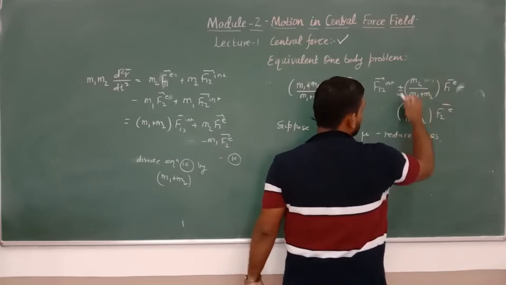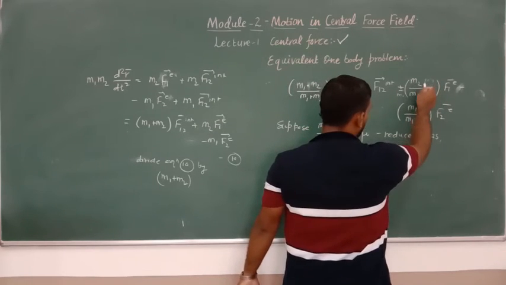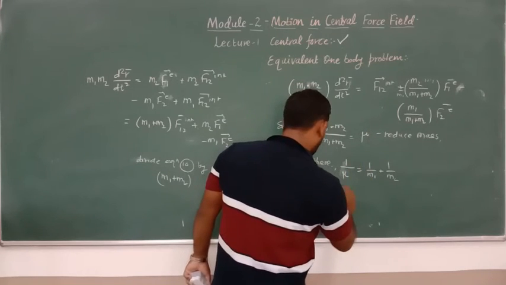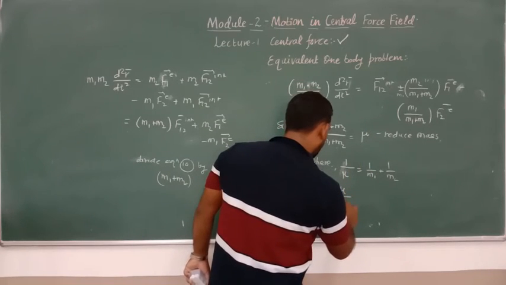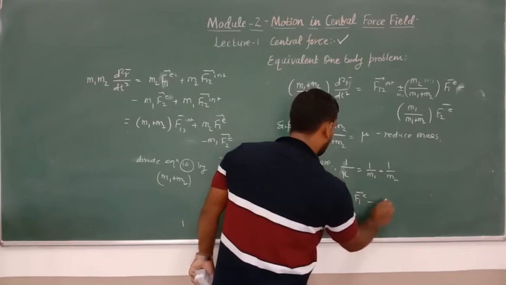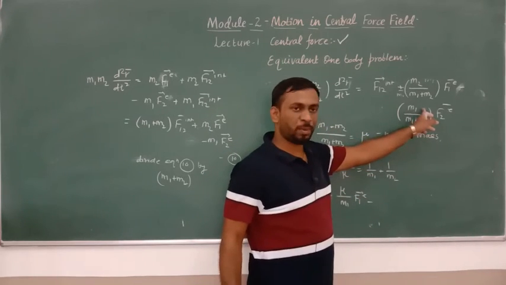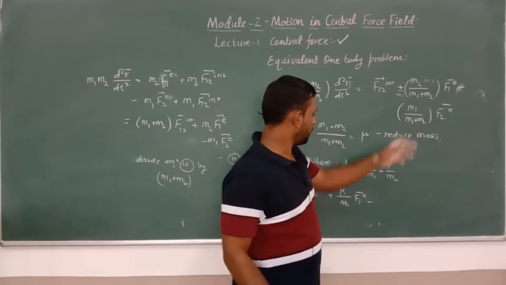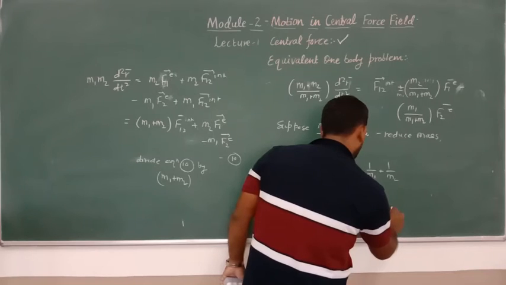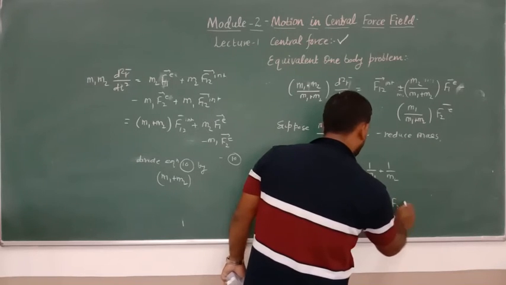And what is this quantity? This is mu. So this equation can be written as mu upon m1 f1 external minus, similarly multiply and divide by m2, mu upon m2 f2 external.